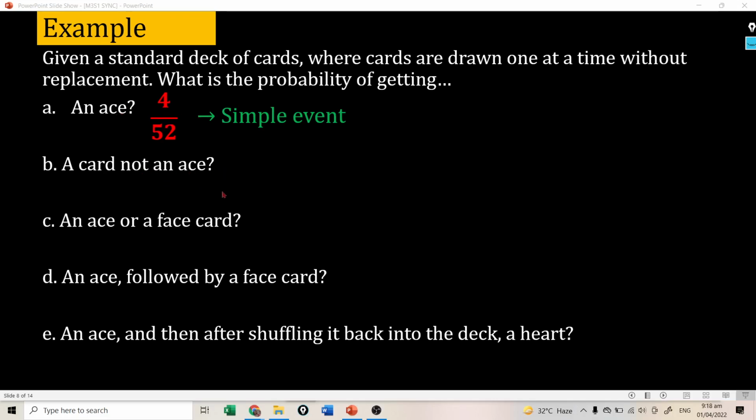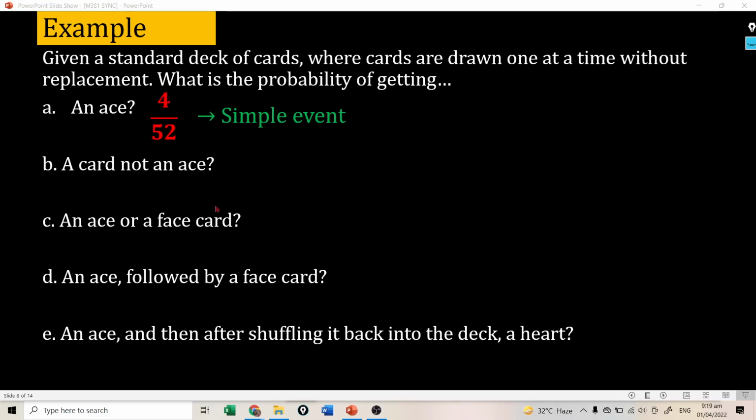A card that is not an ace, you can think about that by the idea of complements. Kasi your card, in terms of being an ace, only has 2 possibilities. Either you are an ace or you're not. Which means if you wish to determine the probability that the card that you draw is not an ace, one option would be to count all non-aces and divide it by 52.